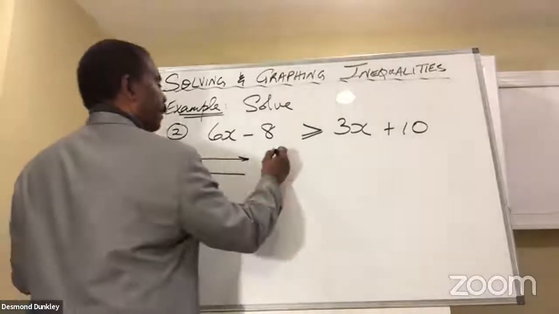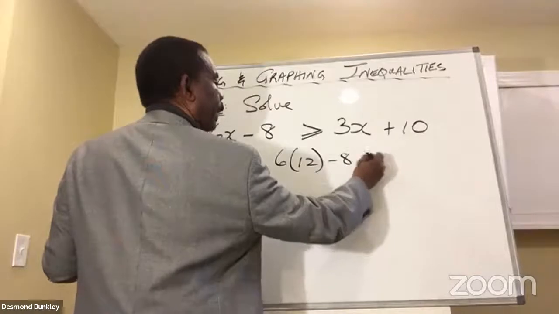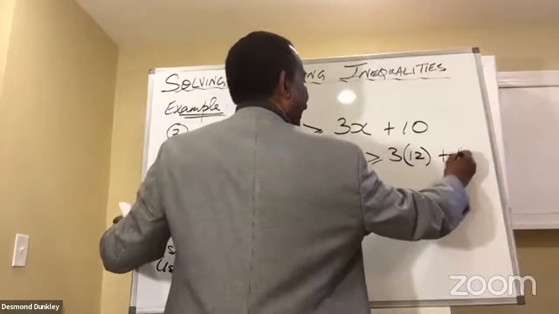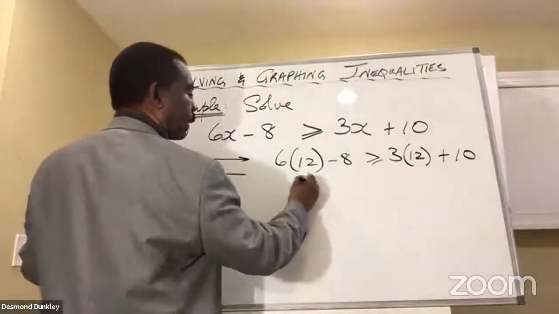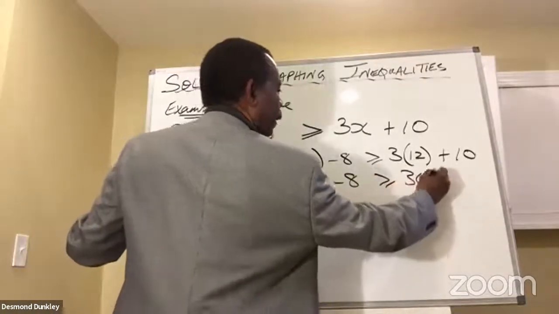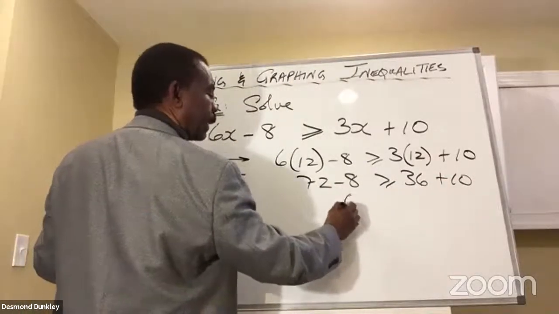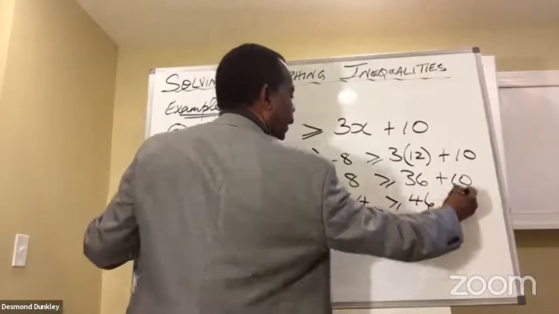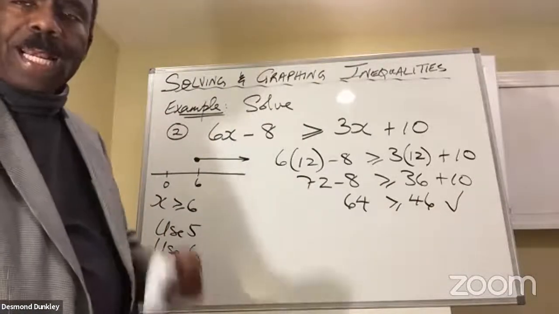Okay, so 6 times 12 minus 8, is that greater than or equal to 3 times 12 plus 10? Let's see. 6 times 12 is 72 minus 8. Is that greater than or equal to 36 plus 10? 72 minus 8 is 64. Is that greater than or equal to 46? The answer is yes, it is. So it works.